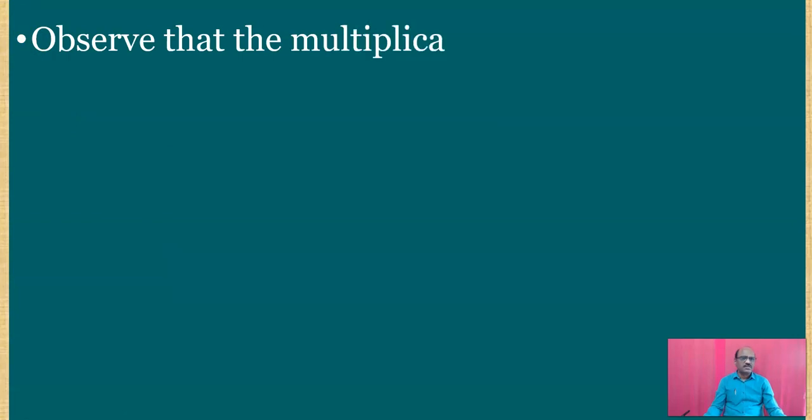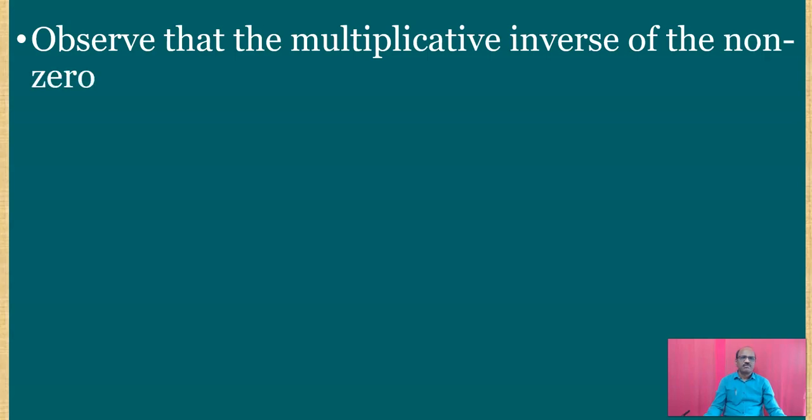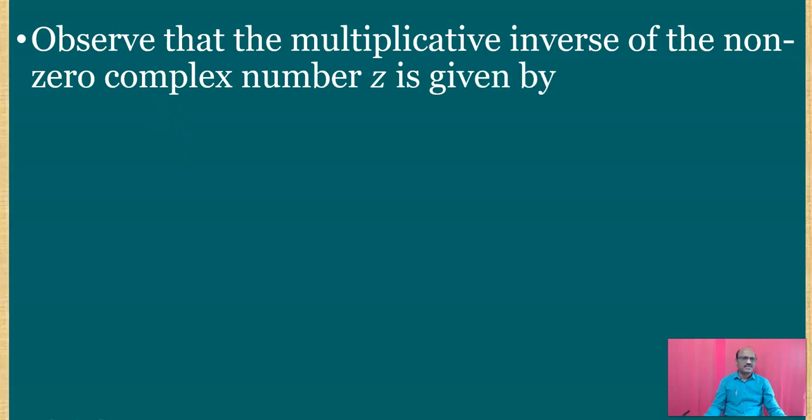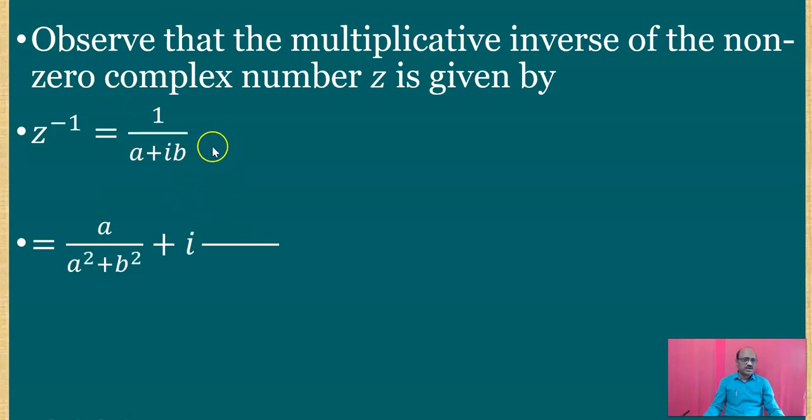Observe that the multiplicative inverse of a non-zero complex number z is given by z raised to minus 1 is equal to 1 upon a plus ib, as z is equal to a plus ib. For the simplification, multiply it with its conjugate, and this is the formula.